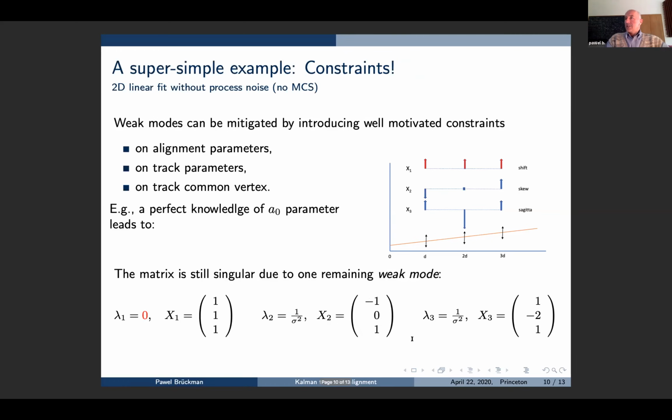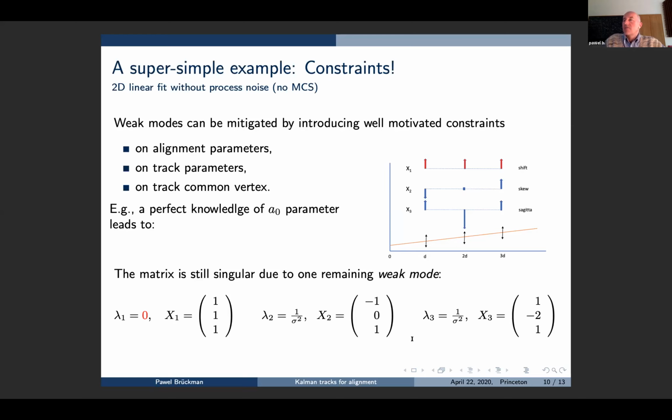Okay, and this is not just a feature of this very, very simple example. It's a general feature. Alignment has weak or singular modes that we have to deal with. So weak modes can be mitigated by introducing well-motivated constraints on alignment parameters.